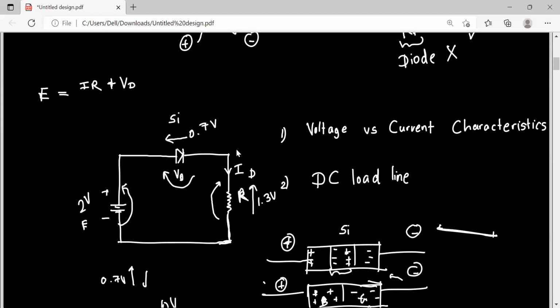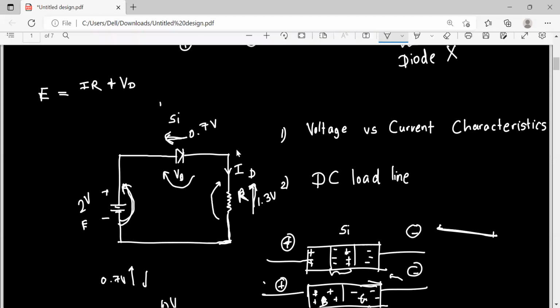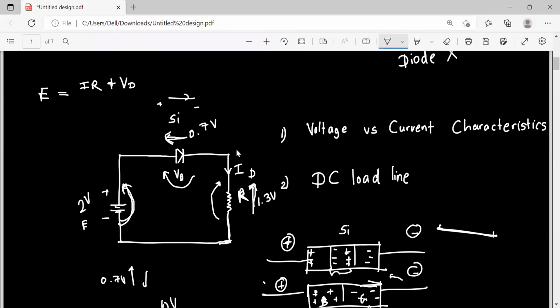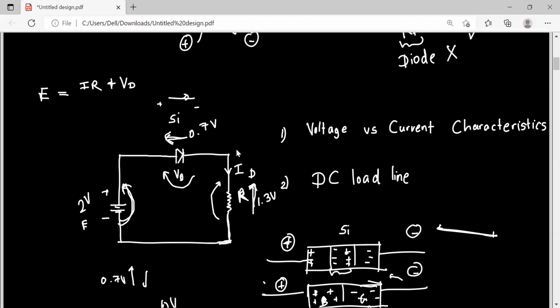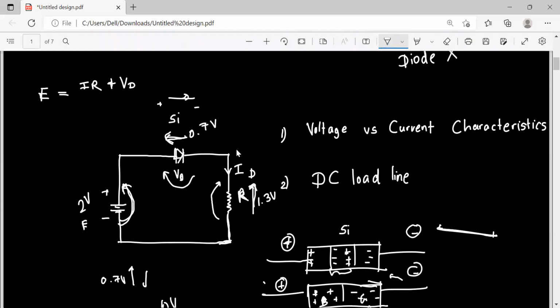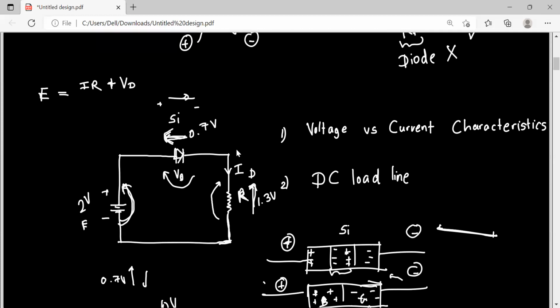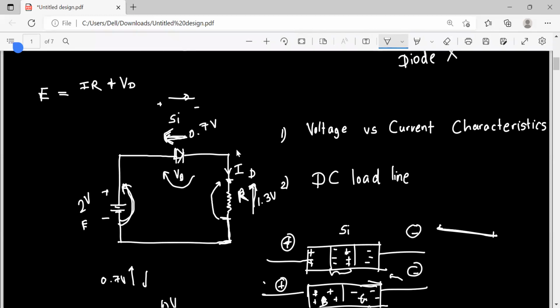You might wonder why I have marked 0.7 volts on this side and 1.3 on that side, but here I have marked it like this. That's very simple. Let's say this current is moving towards this side. In which side is the voltage going to increase? In that direction we normally mark the voltage. So across this diode, the voltage is going to increase in this direction. Likewise, the current is moving from this path to here.